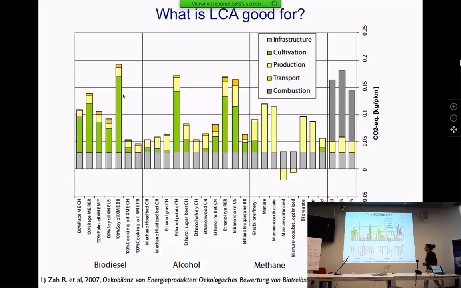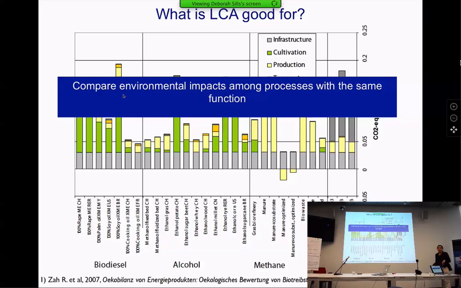So this is a study that was done in 2007 within the Swiss context, looking at different biofuels and comparing them to petrol. And so there's different fuels. We have here biodiesel, ethanol, methane, and we're comparing them to these fossil fuels. And on the y-axis here, we have global warming potential in units of CO2 equivalents.